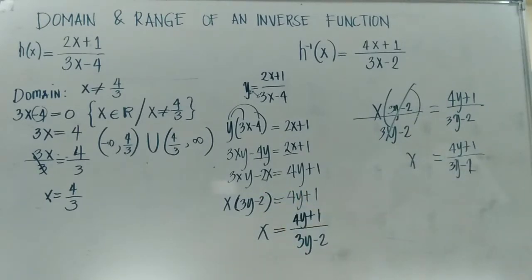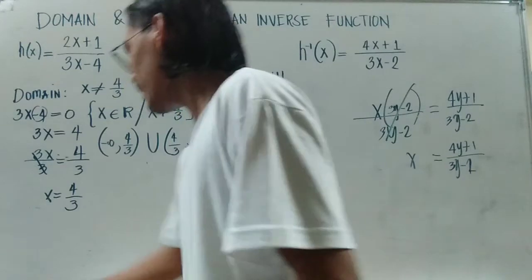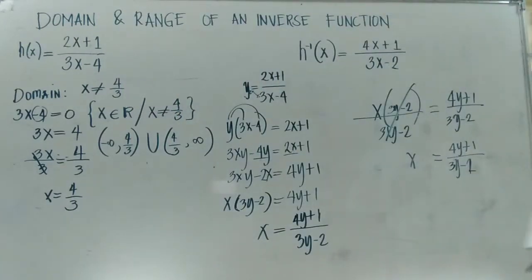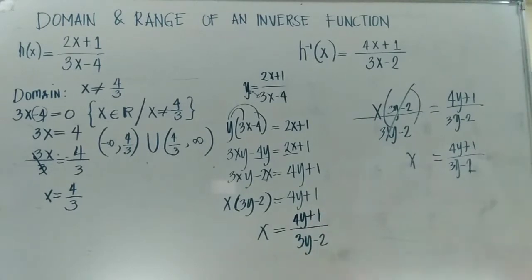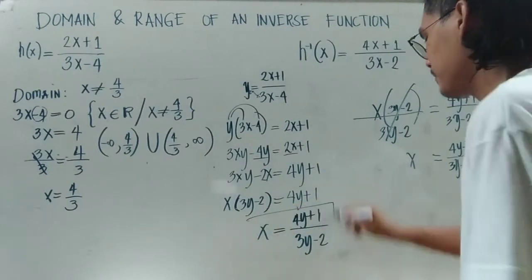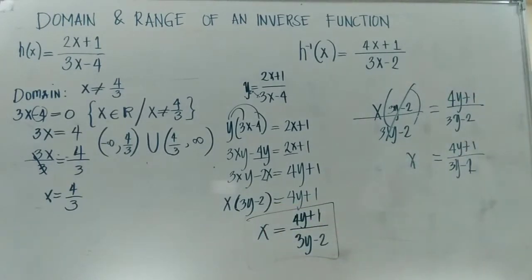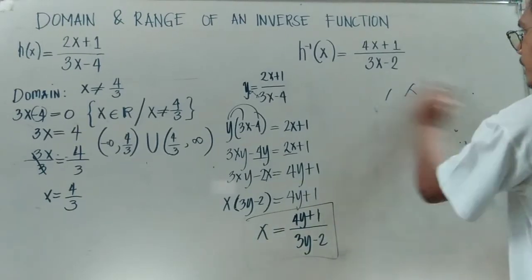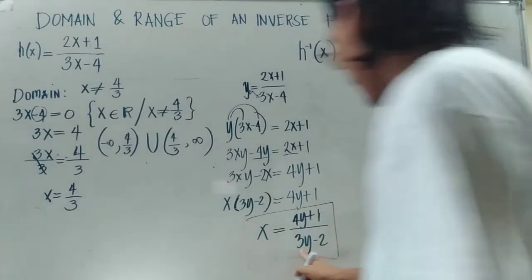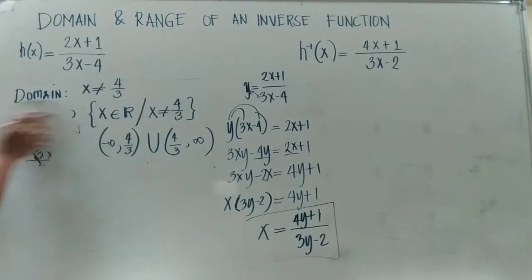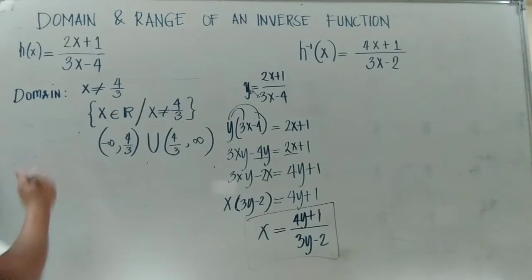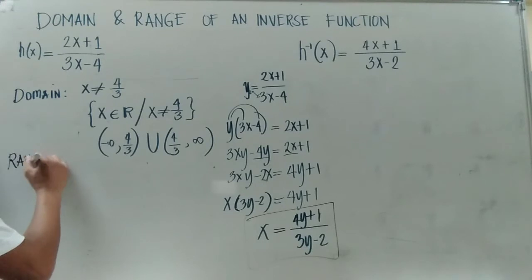But if you want to make it simple and short, just bring it down below 4y plus 1. If you can see, our denominator is 3y minus 2. Now we will be solving for the range.